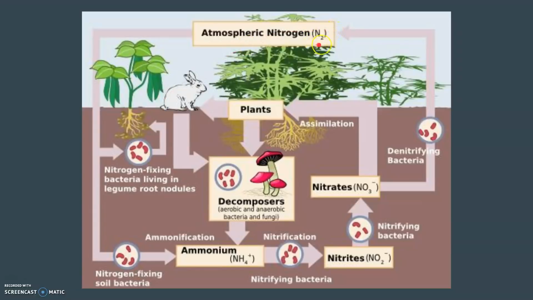You can see right here, it says N2. It's paired up. So these bacteria down here, they are what I'm calling the matchmakers. They find two single nitrogens, and they're going to combine them together to make it fixed. Right here it says fixing it. Then we're going to follow this arrow.